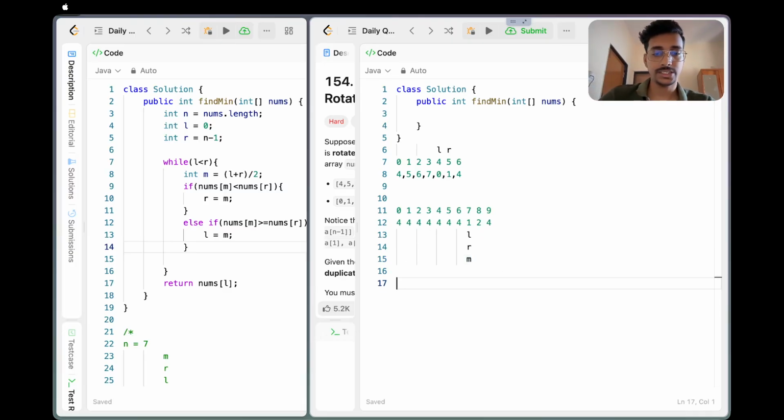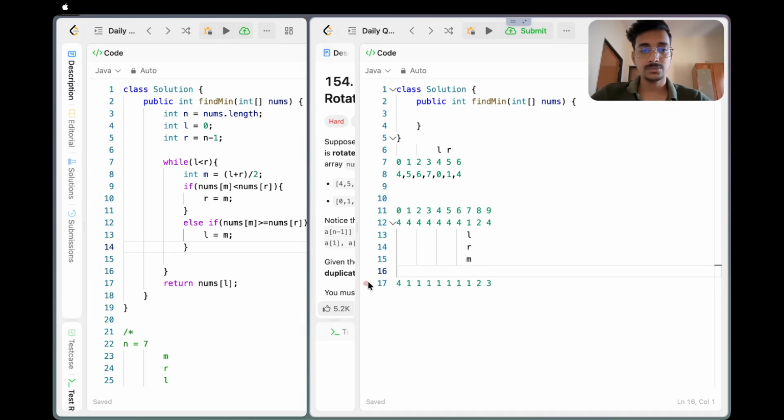Let's take another case. Again I have taken 9 numbers.